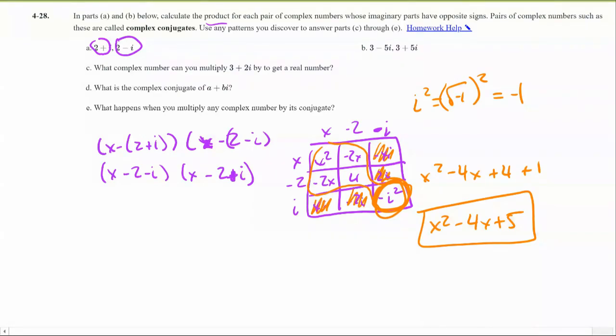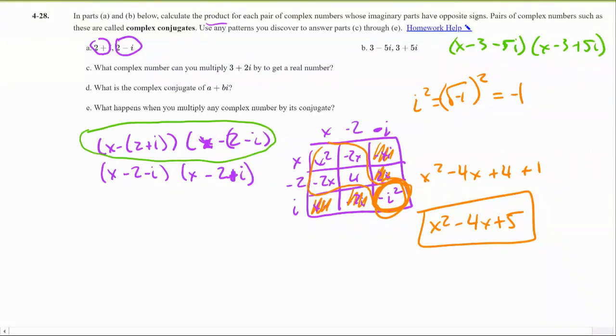For b here, same idea. I'm going to go ahead and take the x minus 3 minus 5i, x minus 3 plus 5i. Again, I could put it in parentheses like this one here and distribute, but what I end up getting is still kind of the same thing here with the minus and then the plus.